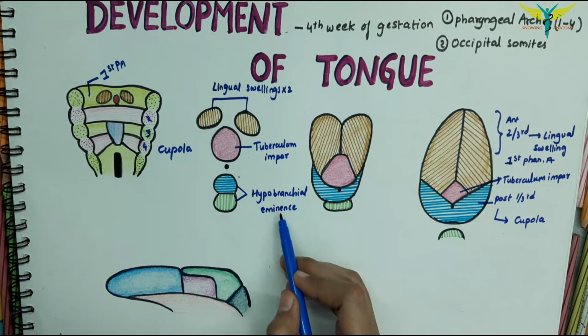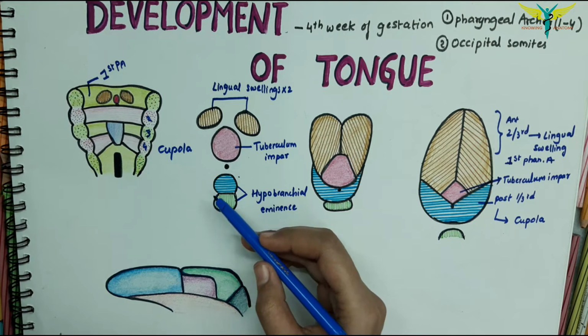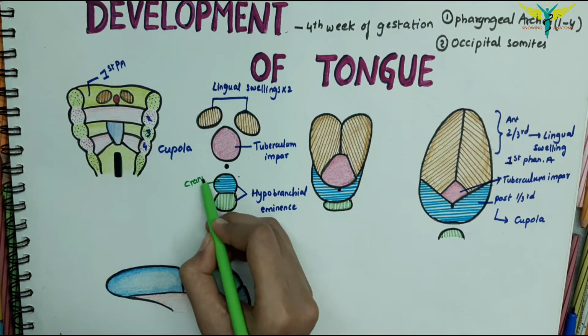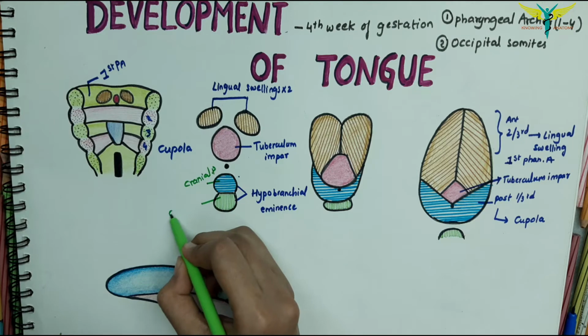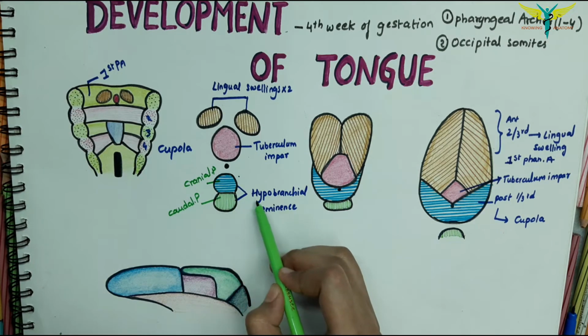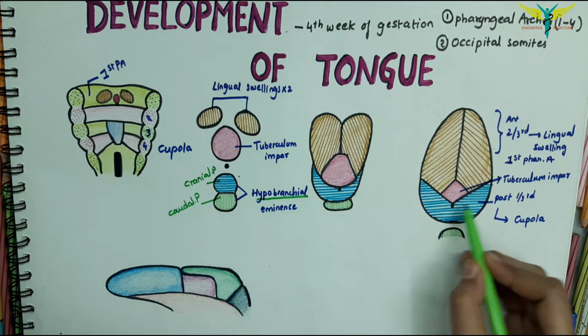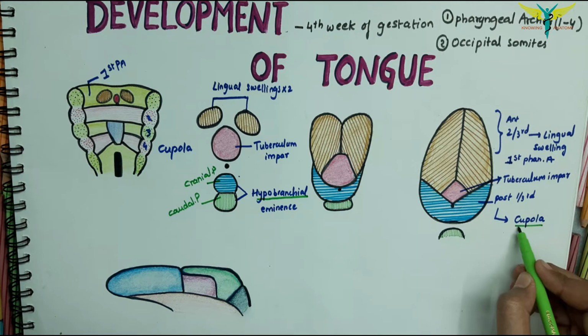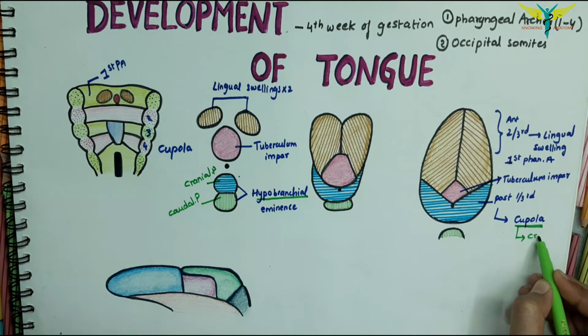The hypobranchial eminence has a cranial part and a caudal part. This blue color is the cranial part and this green color is the caudal part. The cranial part forms the posterior 1/3 of the tongue.